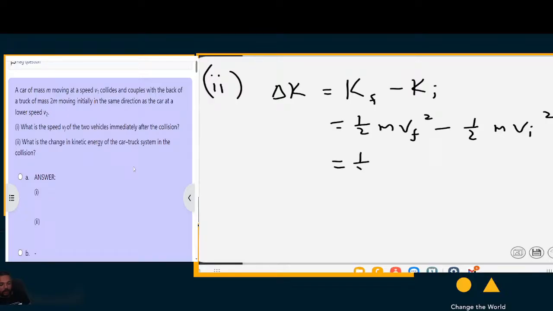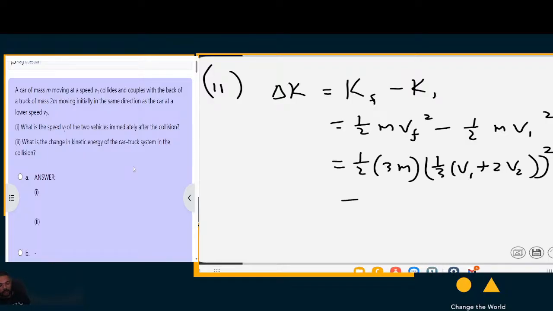So the mass of these two vehicles coupled at the end is 3m, if I'm not mistaken. It is 3m, yes, because they're coupled together. And the velocity we just determined to be a third of v1 plus 2v2, and then you square that. That is the kinetic energy at the end.